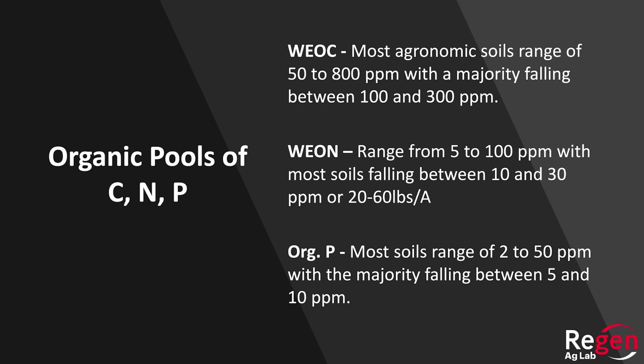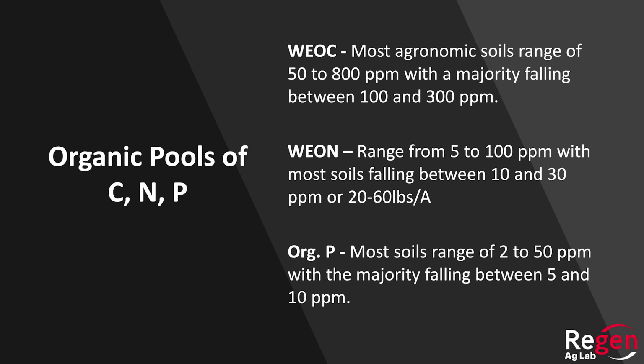Okay, to give you an idea of where you're at. Now the water extractable organic nitrogen, we kind of see the same thing, between 5 and 10, most between 10 and 30. Keep in mind though, this is in parts per million, so that's 20 to 60 pounds. So at 100 part per million, that's 200 pounds. It's a lot of nitrogen.